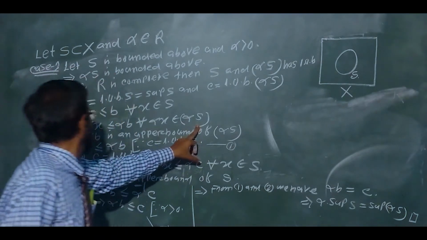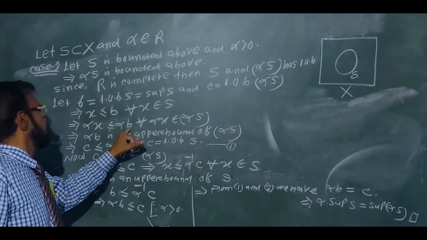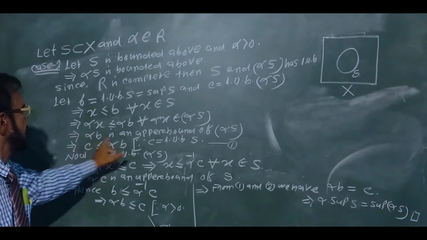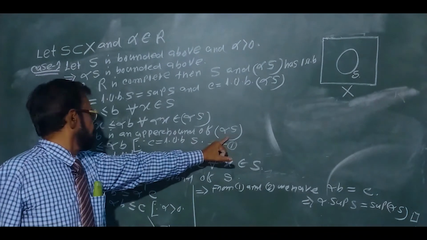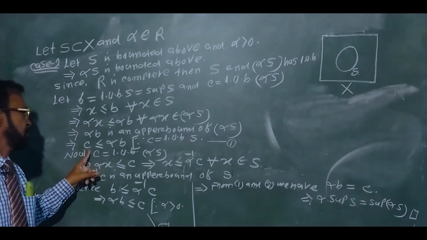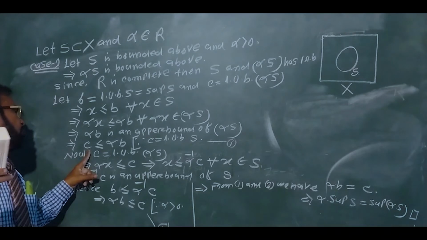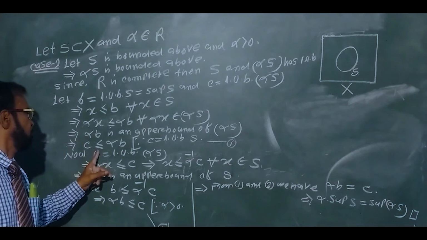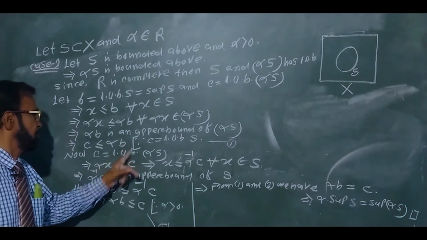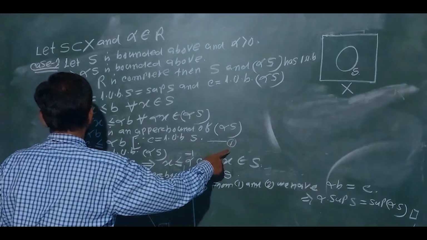So every element of alpha S is less than or equal to alpha B. By definition of upper bound, alpha B is an upper bound of alpha S. Since C is the least upper bound of alpha S and alpha B is an upper bound of alpha S, the least upper bound must be less than or equal to any upper bound: C less than or equal to alpha B. This is equation number 1.